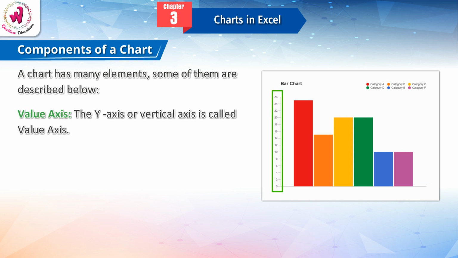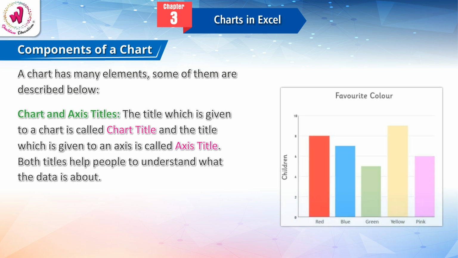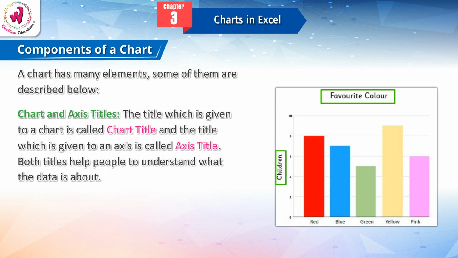Value axis. The y-axis or vertical axis is called the value axis. Chart and axis titles. The title which is given to a chart is called the chart title, and the title which is given to an axis is called the axis title. Both titles help people to understand what the data is about.